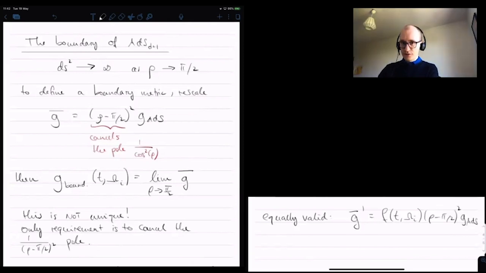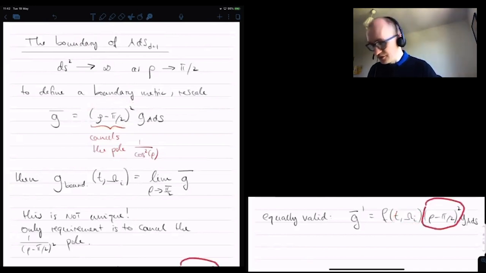So any function that at pi over 2 has this double zero. So this function depends on the arguments, everything but the radial direction, and then I'm multiplying it by this double zero. This is the structure that I'm writing here.